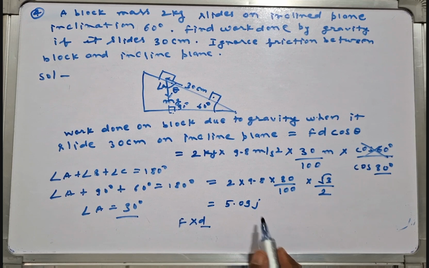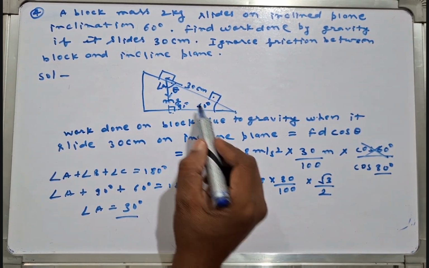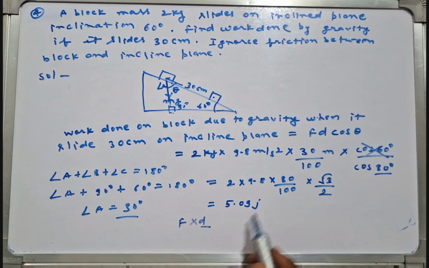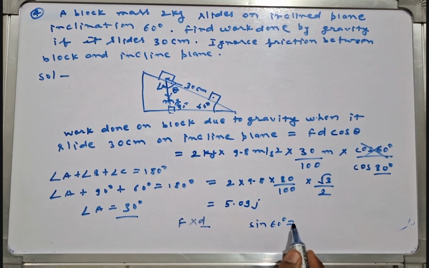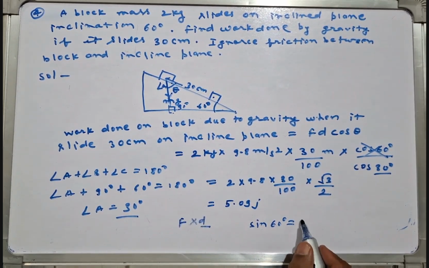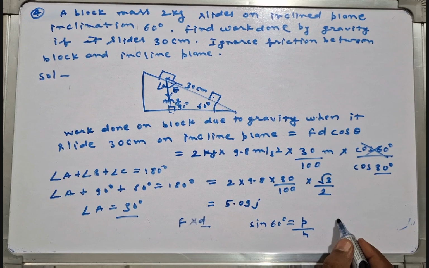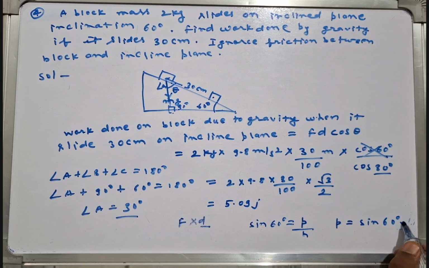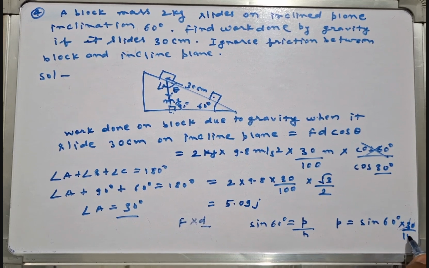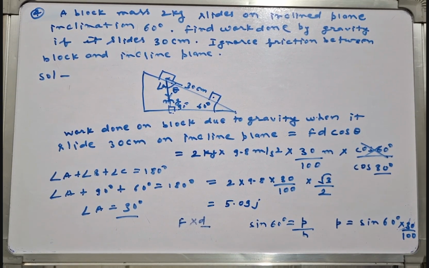Okay, now if we apply force into displacement, where displacement is in the direction of force. So here what will be the displacement in this direction? You can write sine 60° equal to what? This is P, the perpendicular distance, and this is the hypotenuse H. So P equals sine 60 degree into 30 by 100, which is the hypotenuse.